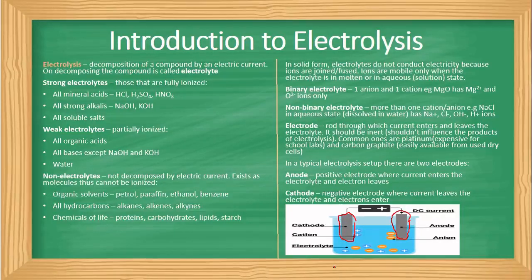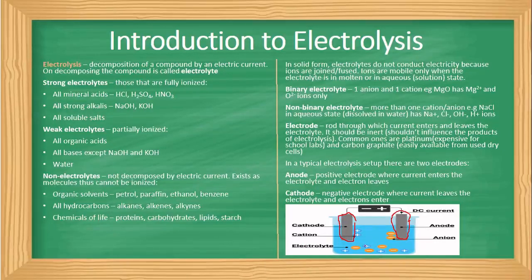Actually, what happens is that, remember, we are using an electrolyte, and most electrolytes have both positive ions and negative ions. Let me give you an example of magnesium oxide. Magnesium oxide has both magnesium ions, which are cations, or positively charged, and oxygen ions, which are negatively charged.